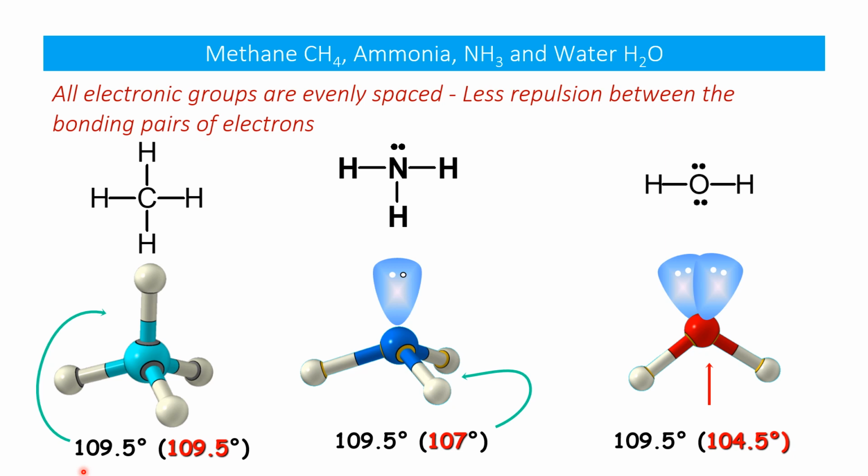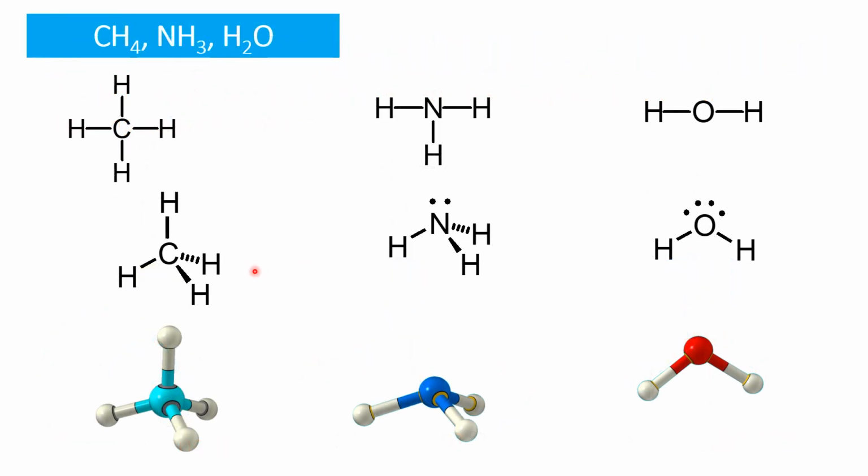However, if we look at the molecular geometry, then something interesting happens. We look closely at the methane, we realize that all 4 hydrogens are pointing towards the corner of a tetrahedron, meaning that we have a species that's in tetrahedral space.